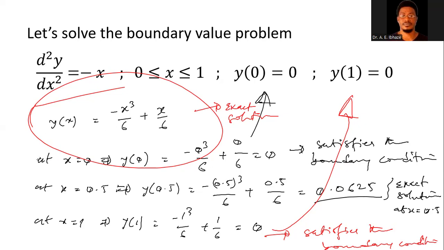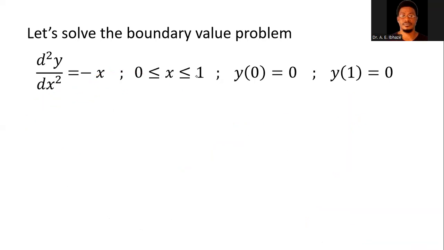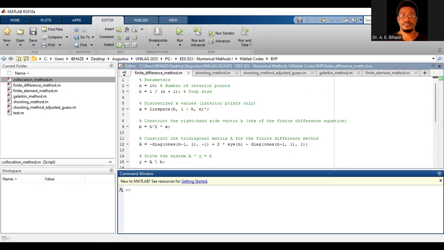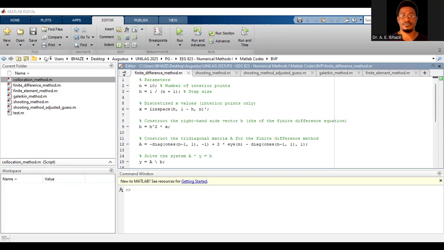So let's share. Now looking at this, in this method, we have applied the finite difference method.